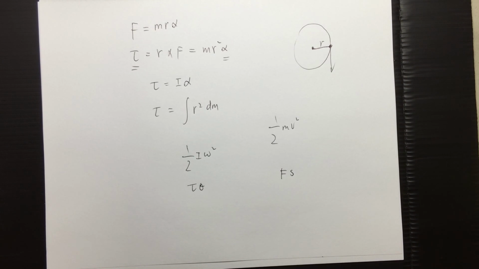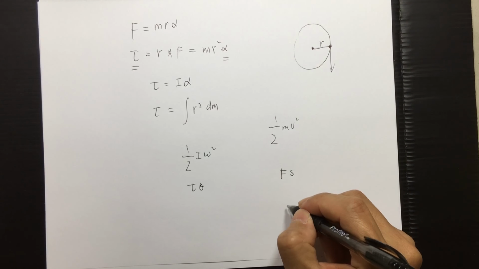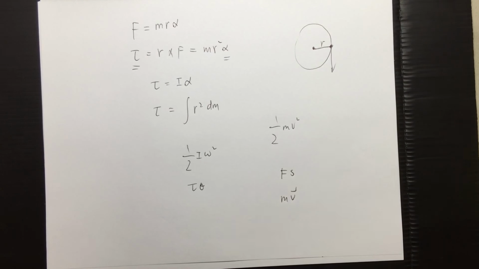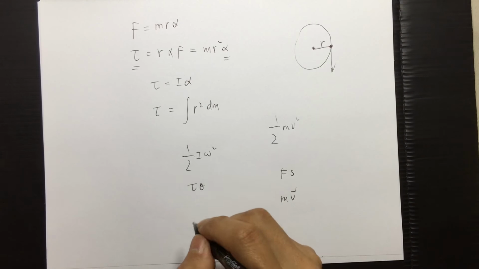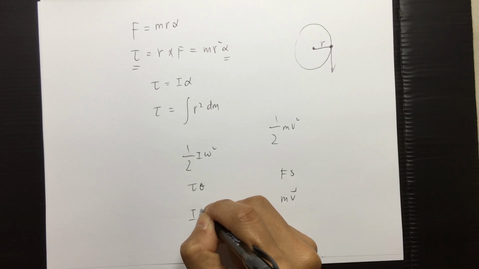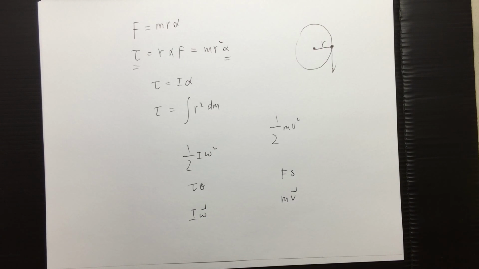Also for momentum, this is mv. What is this? This is the inertia. This is the angular velocity.